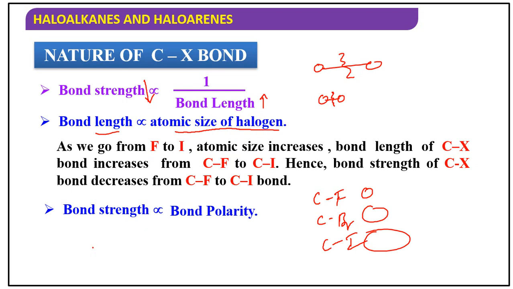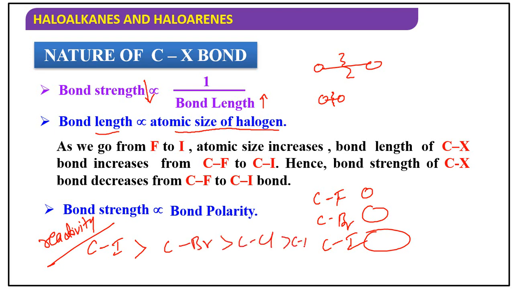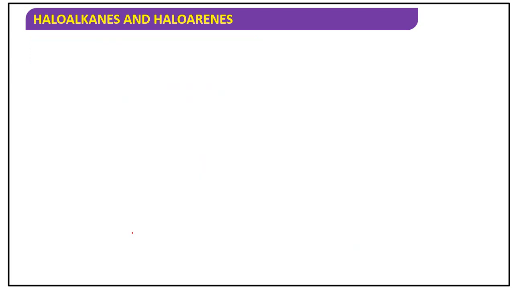So C-I is highly reactive. Reactivity of C-I is higher than C-Br, than C-Cl, than C-F. Why? Because bond strength is less, so it can easily break and participate in chemical reactions.